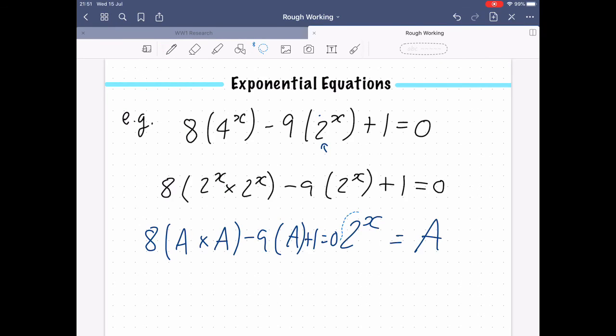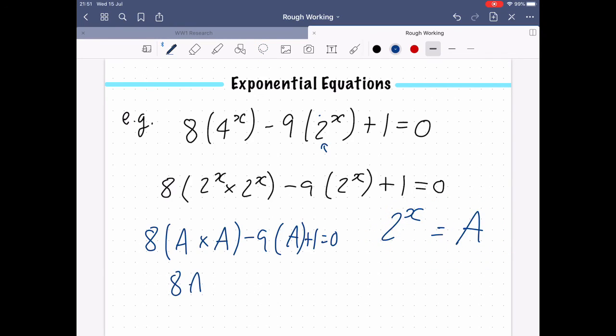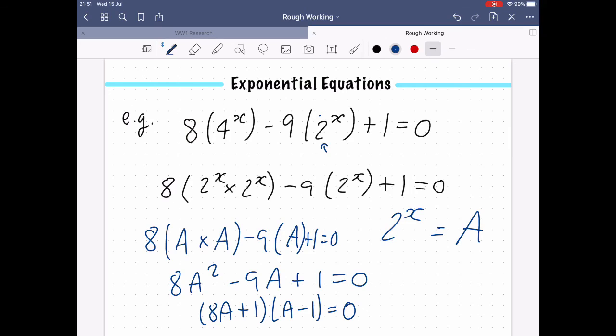Let me just move these out of the way. Okay, so this is 8a squared, take away 9a plus 1 equals 0. So we see a common quadratic equation, which we can solve.